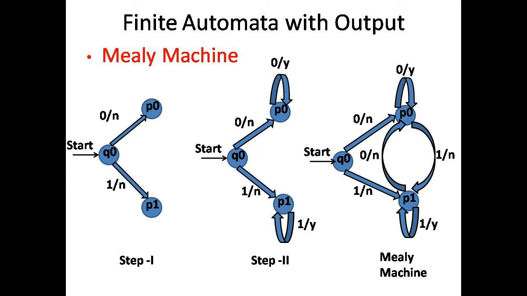Now, in P0, if we get 1, the machine should make a transition to P1, which will be checking for the second consecutive 1. And in P1, if we get 0, it should show the transition from P1 to P0, which will be looking for the second consecutive 0.